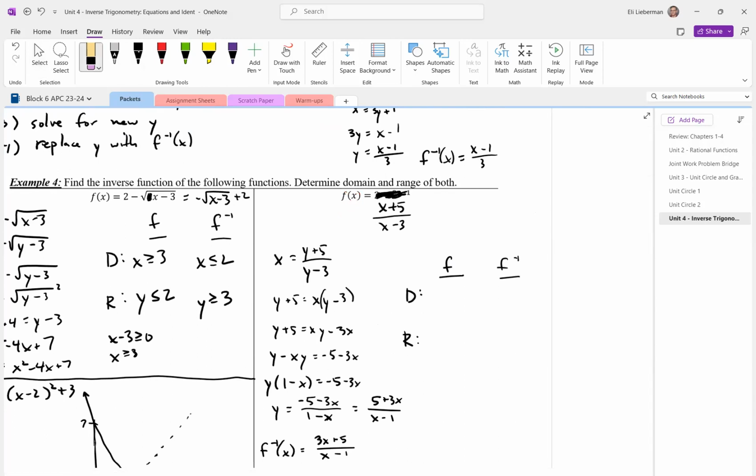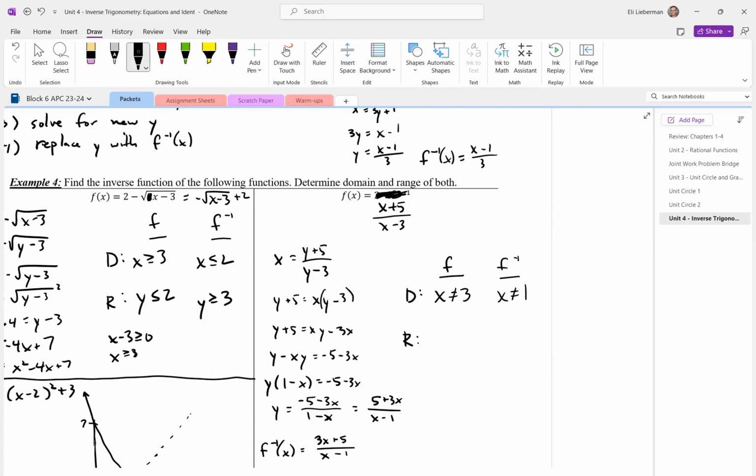Okay, so who'd like to tell us about the domain of the function? Yeah, Brianna? Nice. Do we agree with these things? Great.